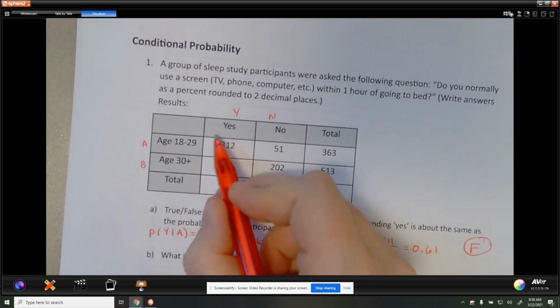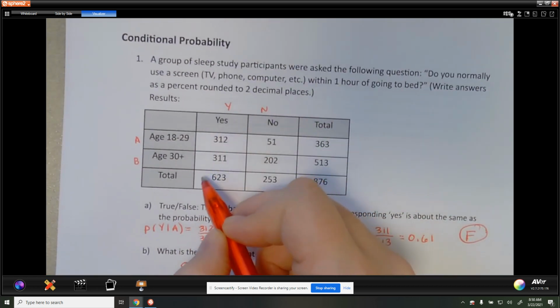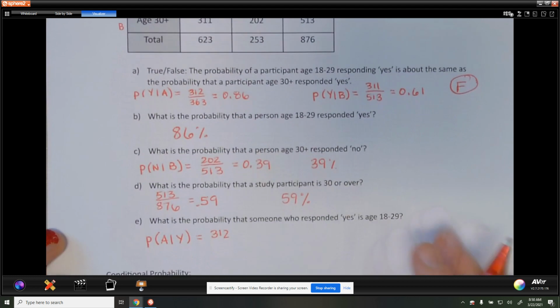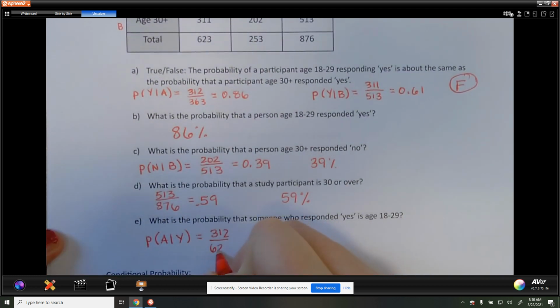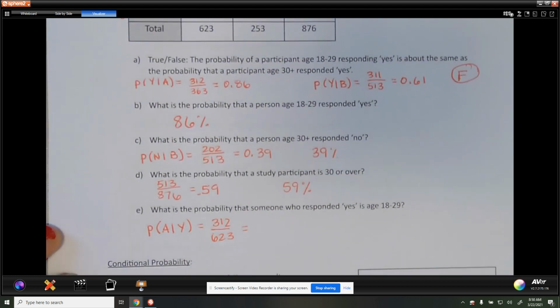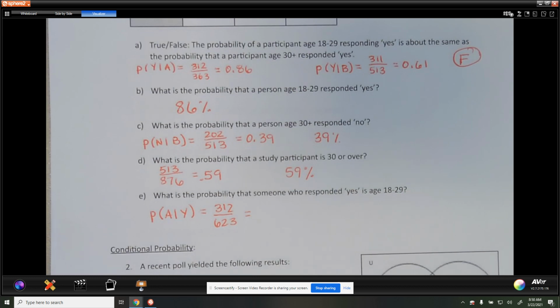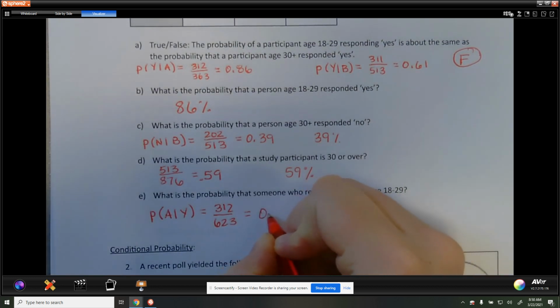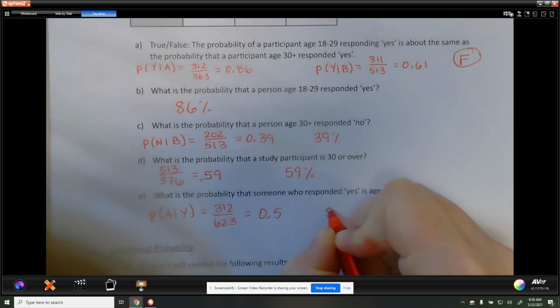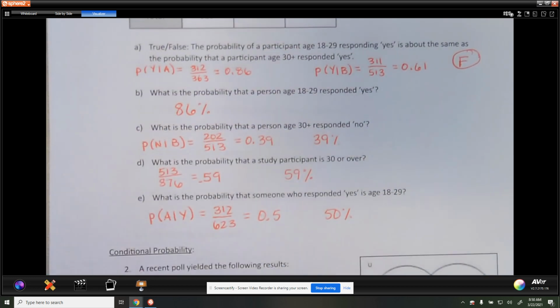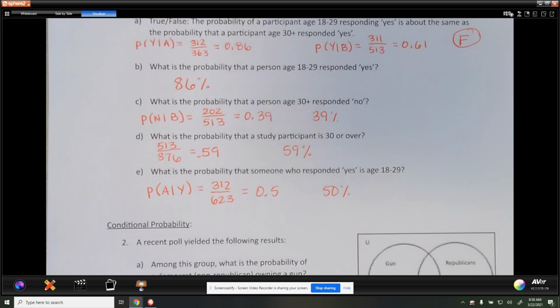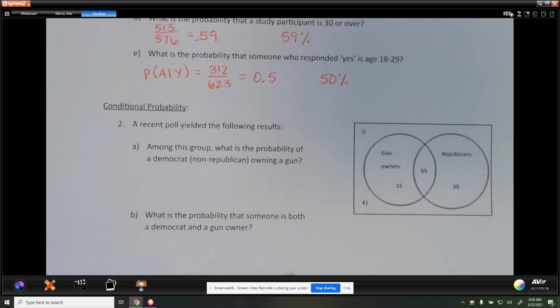That's from our table. But now we want the total people that said yes, which is 623, as our denominator. So this is 312 divided by 623, which is about 50%. 50% chance. All right, next one.